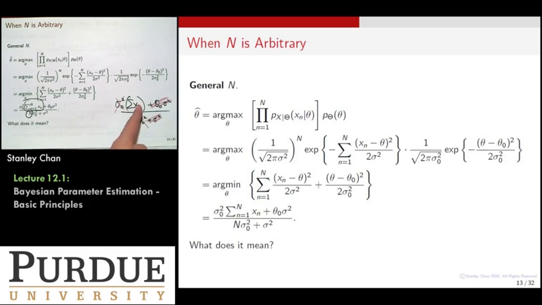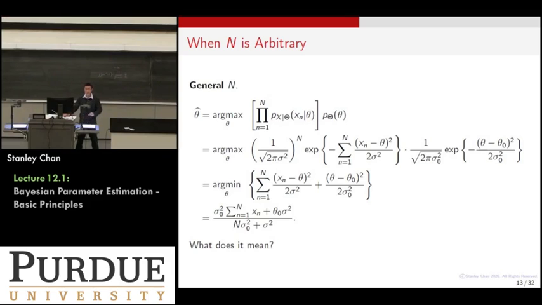Then you get this result. What is it? This is just the maximum likelihood solution. It says that as you have a lot of measurements, don't bother to look at your prior distribution because you have enough measurements. Just use your measurements. That will give you the best estimate. That also tells you a very useful thing: when should you use the Bayesian approach?